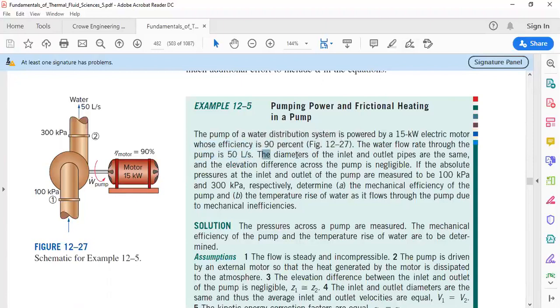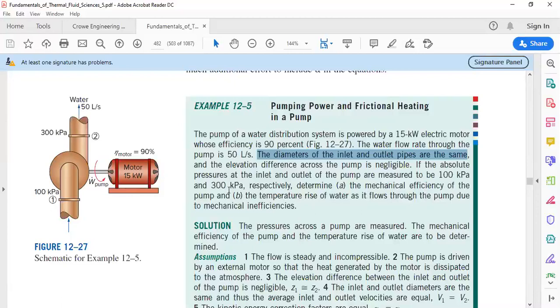The diameters of the inlet and outlet pipes are the same. The elevation difference across the pump is negligible, so that means Z2 minus Z1 is negligible. The absolute pressures at the inlet and outlet of the pump are measured to be 100 kilopascal and 300 kilopascal. As expected, the pressure will increase at the outlet of the pump.